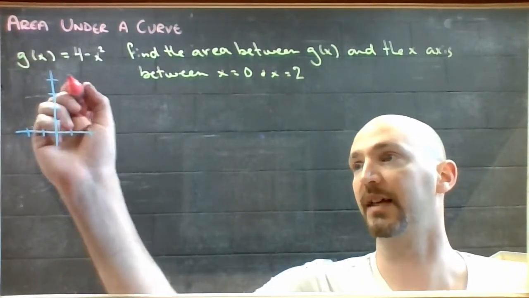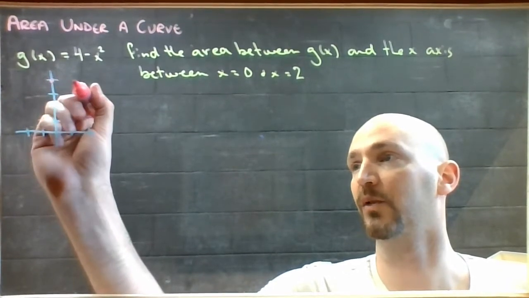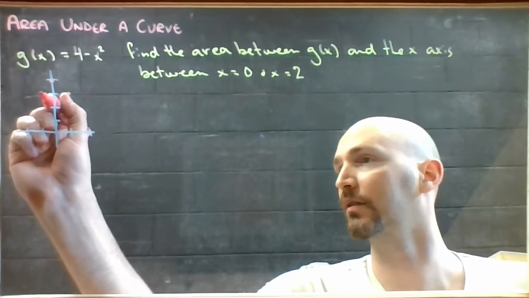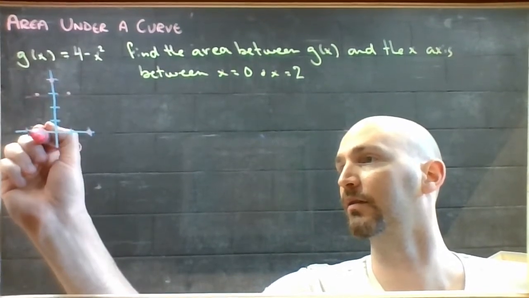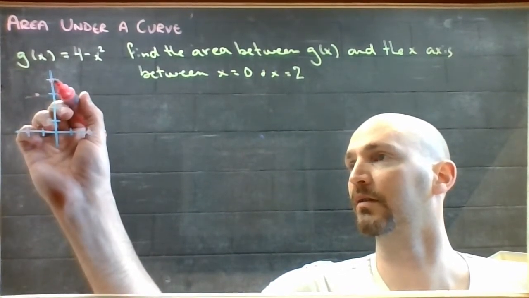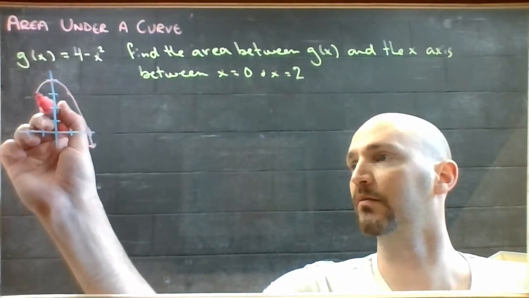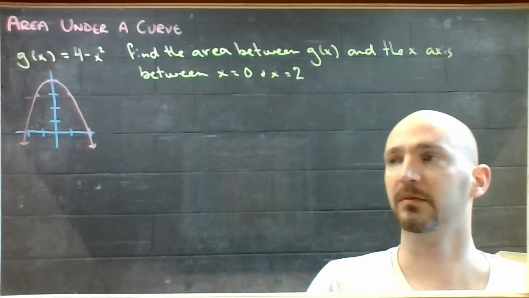The vertex of that thing is here. Over 1, down 1, over 2, down 4. Like that.